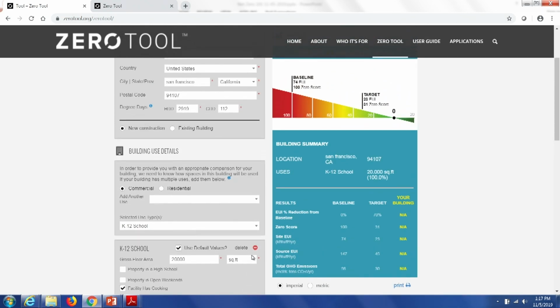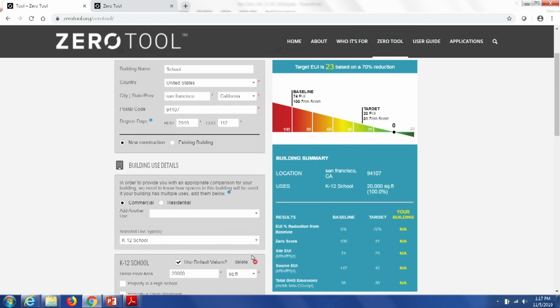What it's telling me is that the average school in 2003 in the CBECS database had an energy use intensity of 74 kBtu per square foot per year. If we say that's the 100th percentile, then to get our 70% reduction we've got to get an EUI of 23.